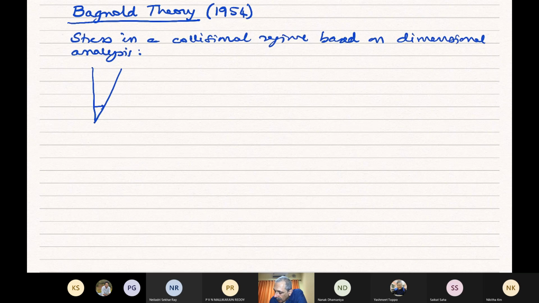So he considered that, let's suppose you have a shear flow like this, where just like in the previous example, let's say this is H and let's say this is U. So your velocity gradient, gamma dot, is just U divided by H. This we can say is the velocity gradient or the shear rate.